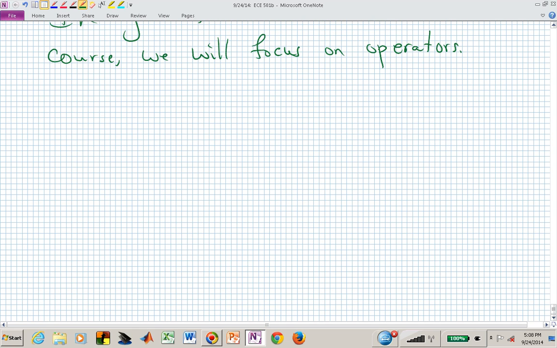And these are actually a little less general than linear maps, and that leads to some interesting properties.